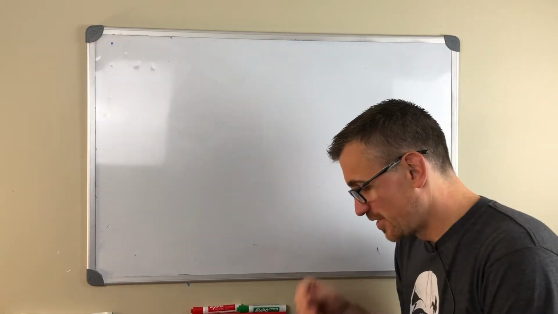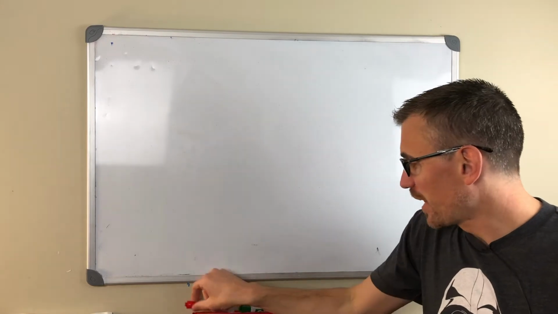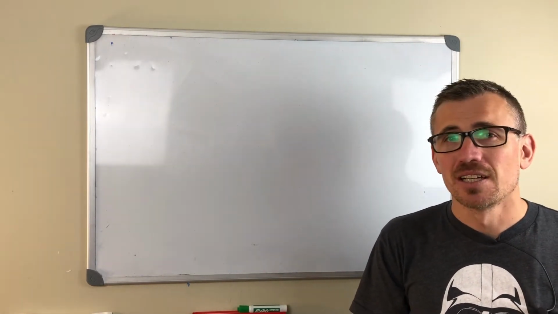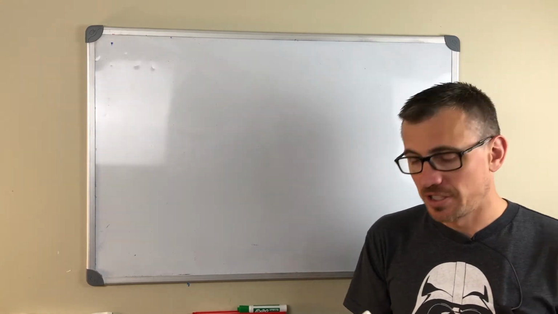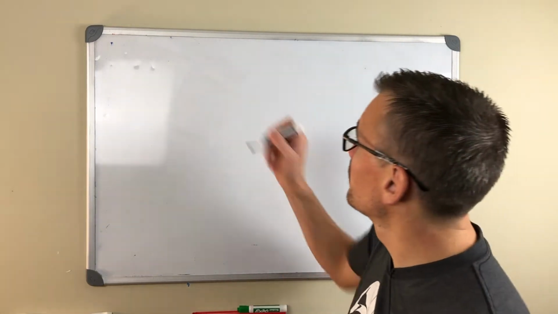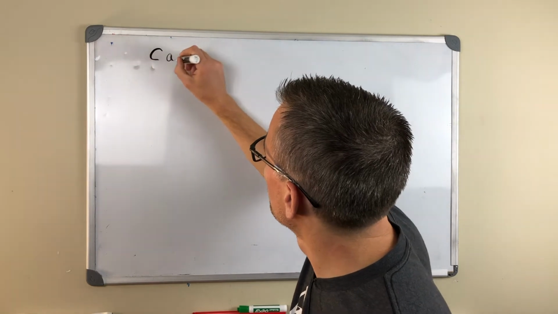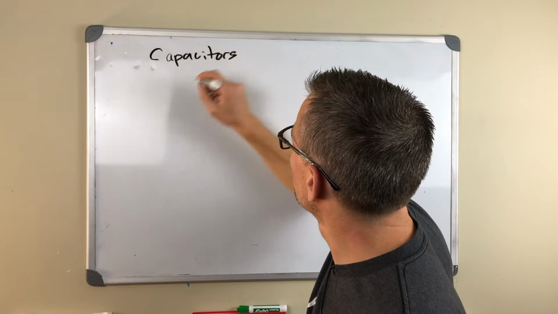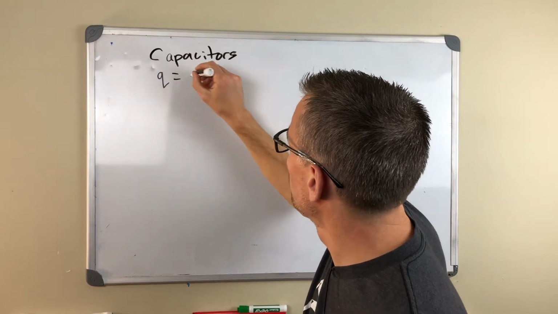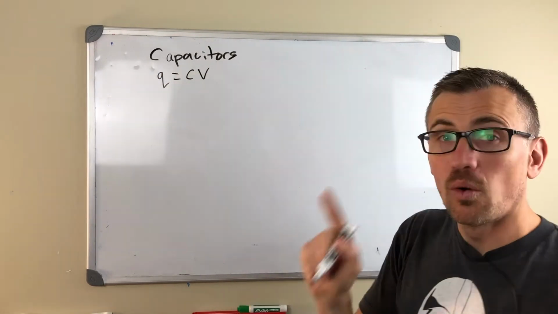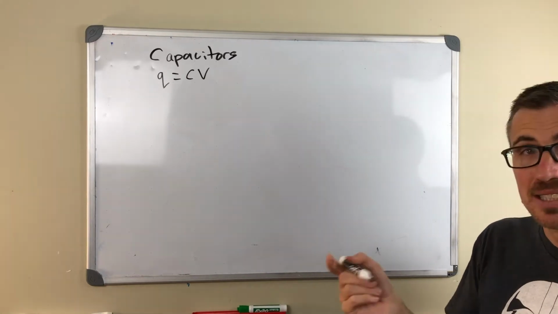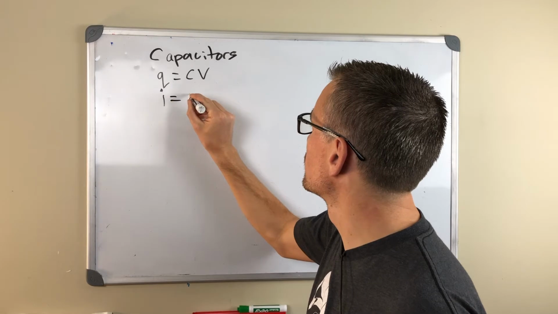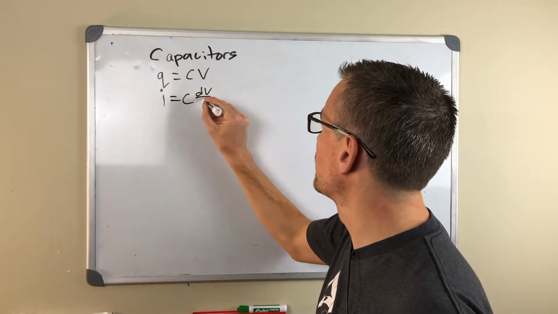Okay, so let's get to some physics. Last time we were talking about capacitors and inductors. Capacitors are things that store charge. Remember, capacitors store charge from Q is CV, or similarly, we took the derivative of this and had I equals C dV by dt.